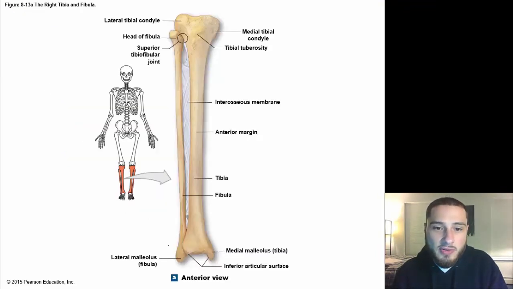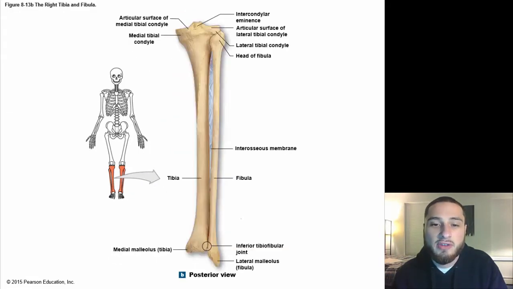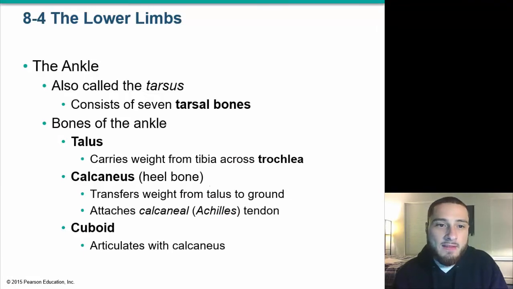So the fibula forms our lateral malleolus, and the tibia forms our medial malleolus. Then we have our ankle bones, which are called tarsal bones. The main two we talk about: the biggest one is called the talus, and our heel bone is called the calcaneus.